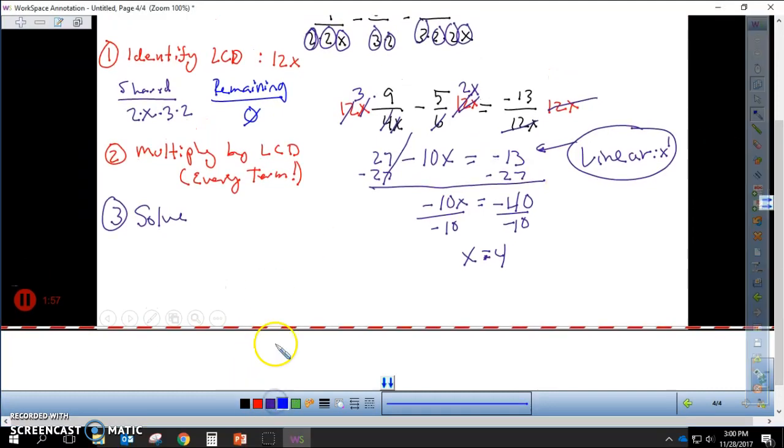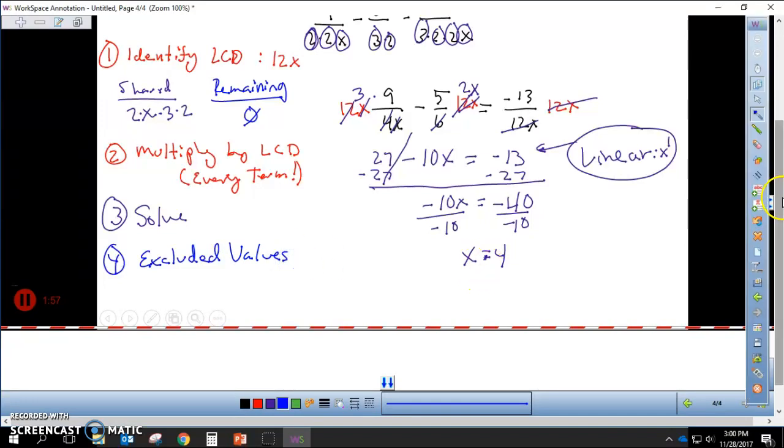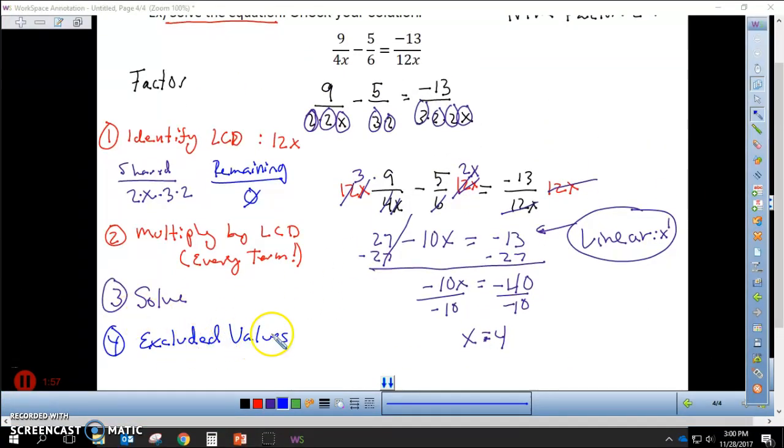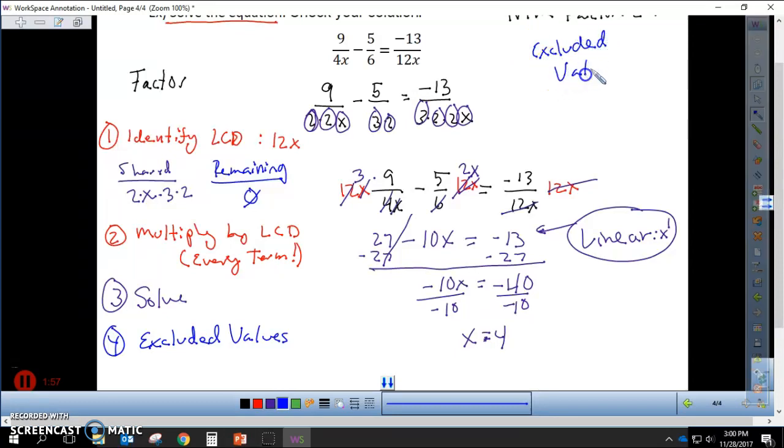But step 4, you need to check excluded values, just to make sure this isn't an extraneous solution. So looking up here, the excluded value is just 0.